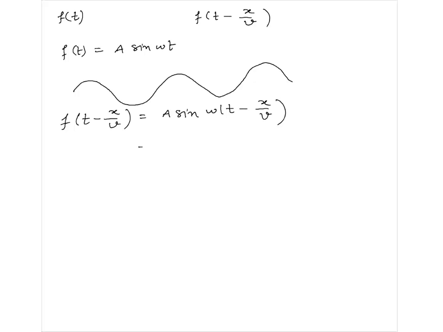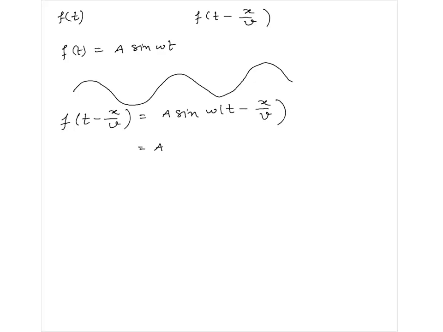So the equation of progressive wave, sinusoidal I should say, is this, f of t minus x by v. No matter how that person moves his hand, whatever f of t he is able to generate, this is what the answer would be. If he is able to move his hand in such a way that he generates this behavior for that particle on the left, then this is what the wave equation would be.